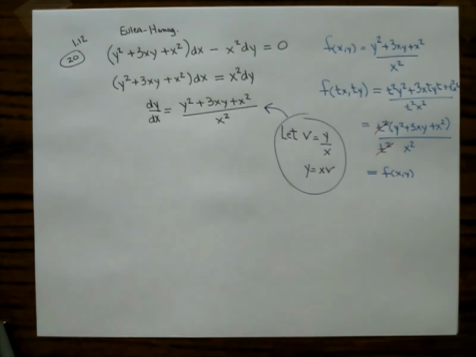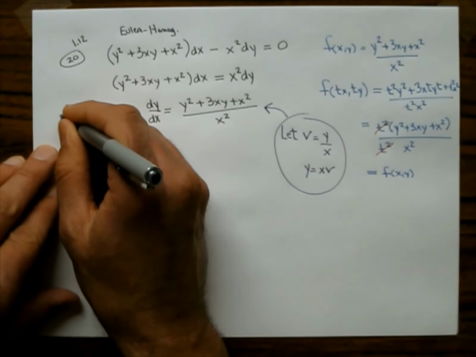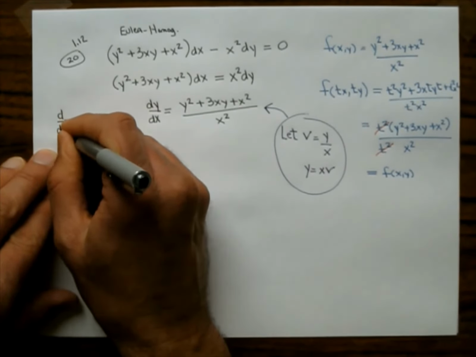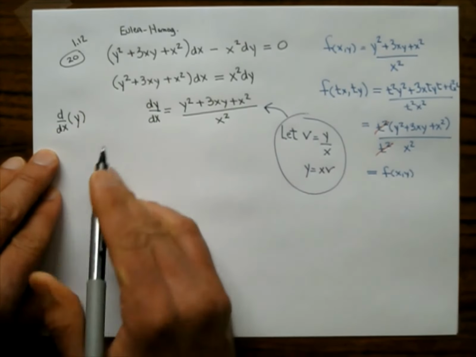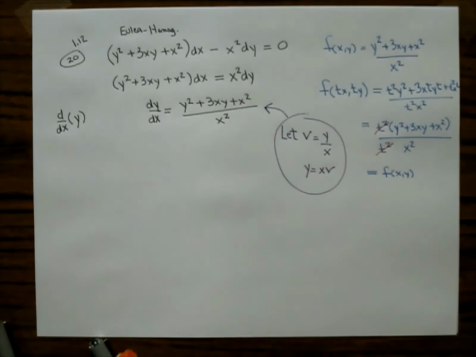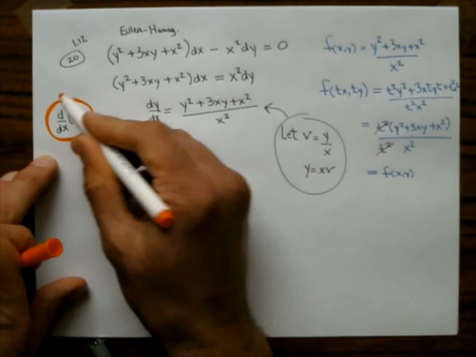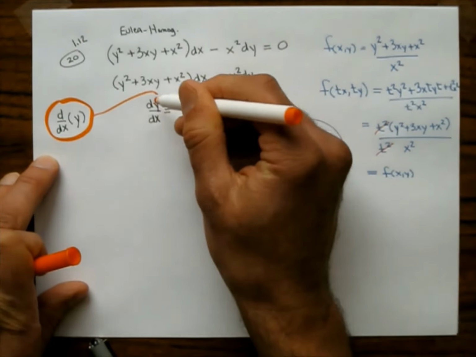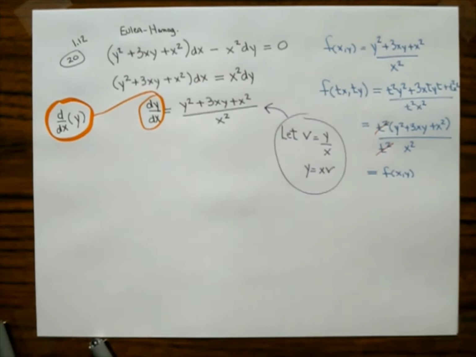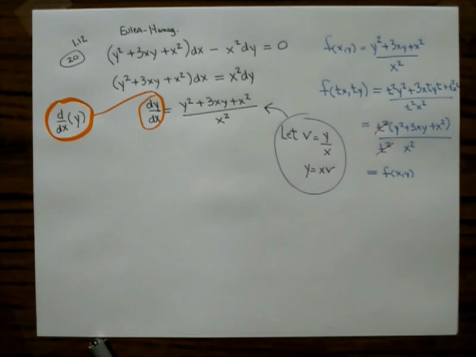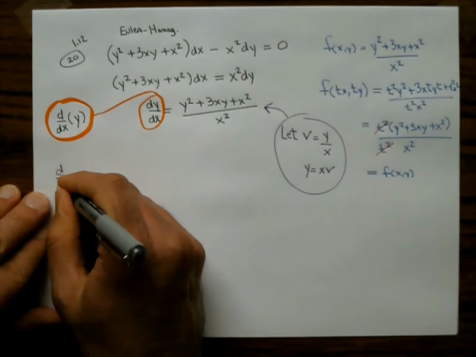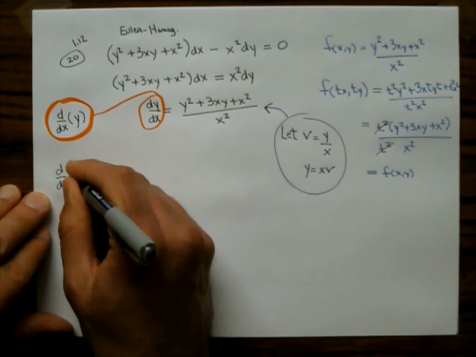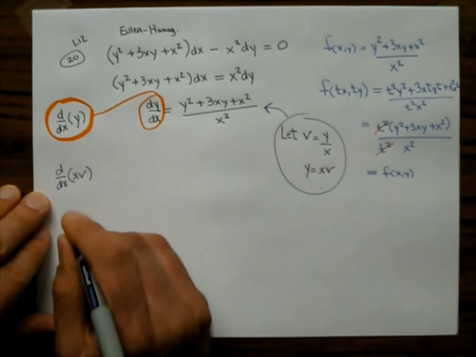Now, I'll remember that this guy right here, dy dx, is really d dx of y. So let's go ahead and make our substitution and see what happens here. We have d dx of y, which is xv.